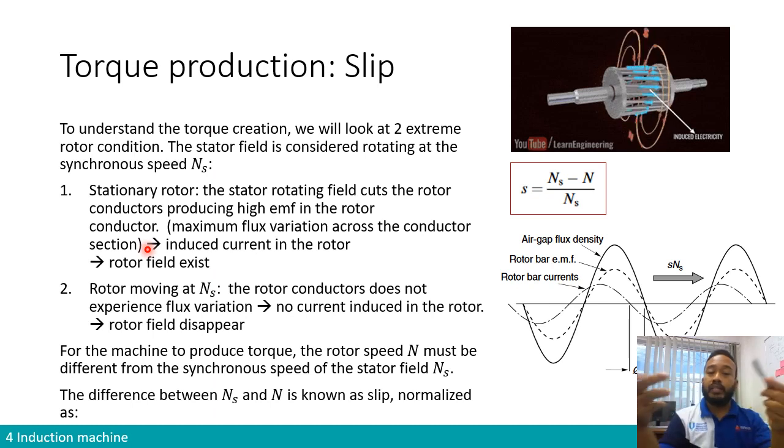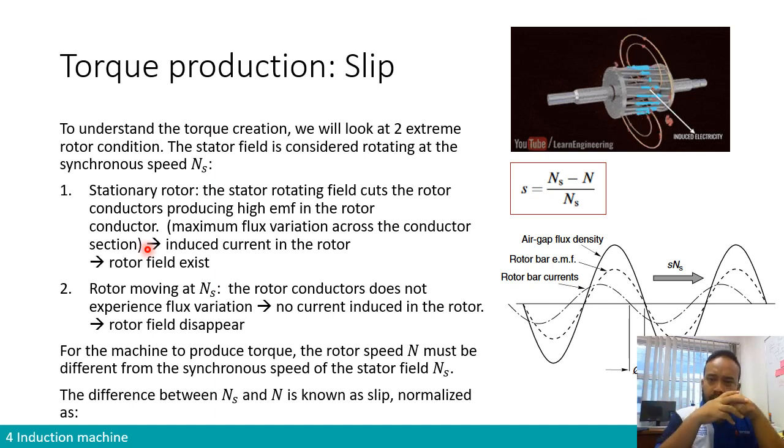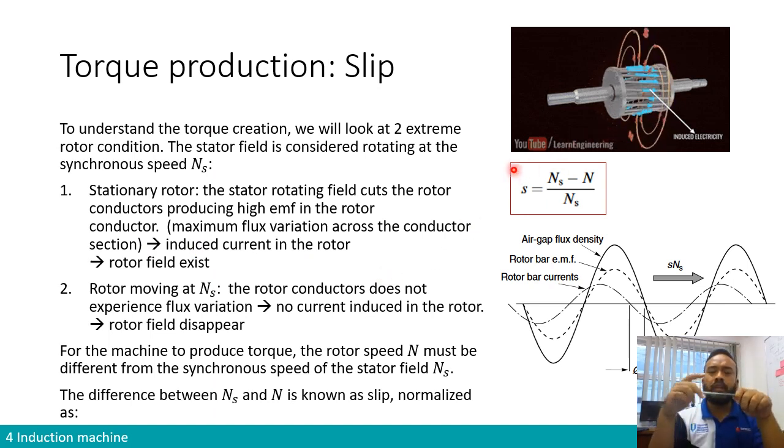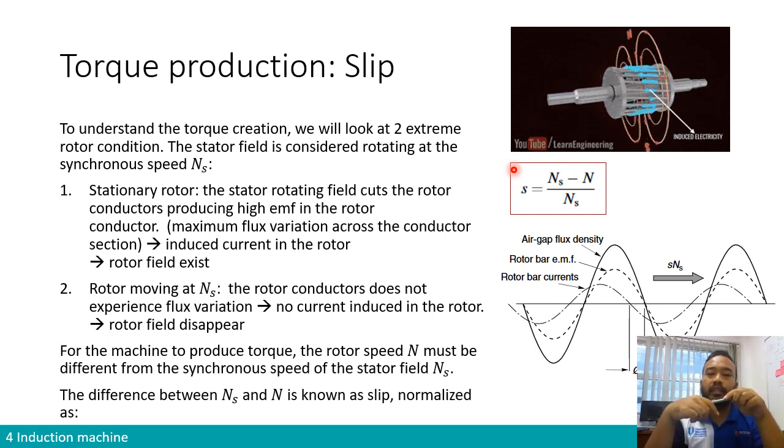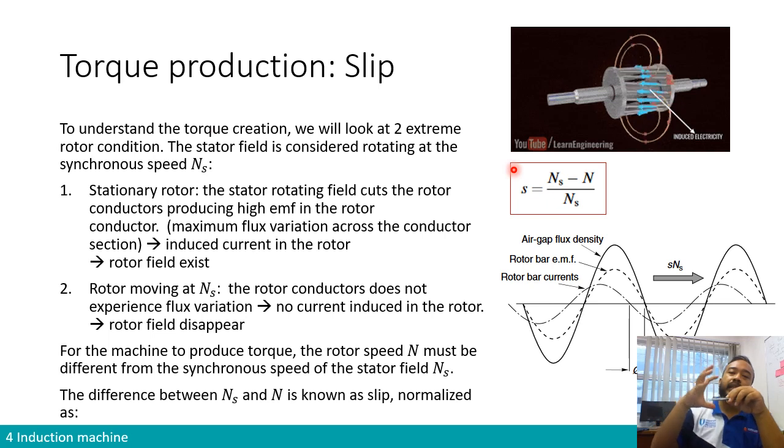That is what we call induced current. When you have induced current, you create in return a certain magnetic field of the rotor. This magnetic field of the rotor will interact with the magnetic field of the stator, and therefore the rotor will start to rotate.